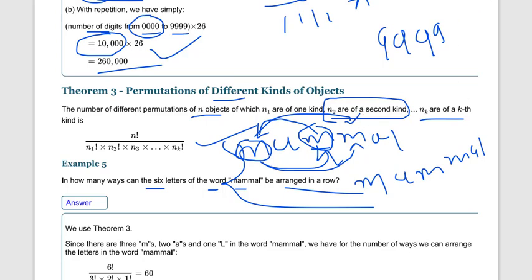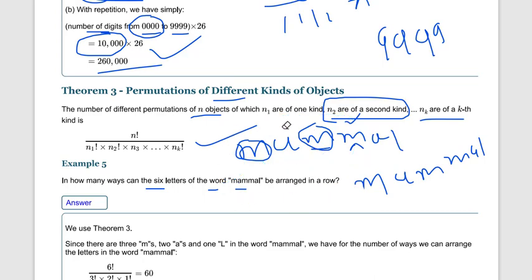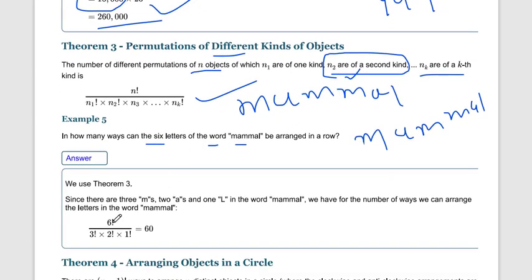Now how do we calculate these types? We have to make groups. There are 6 letters, so n factorial means 6 factorial.